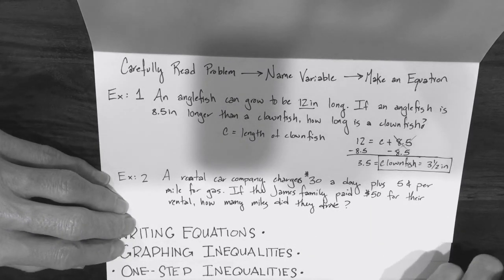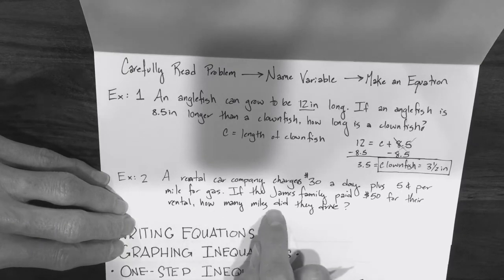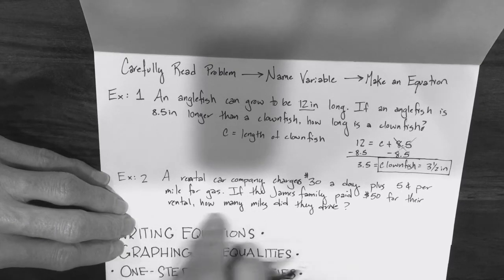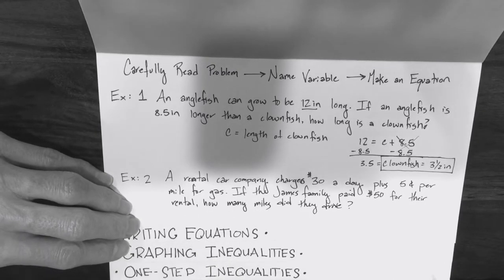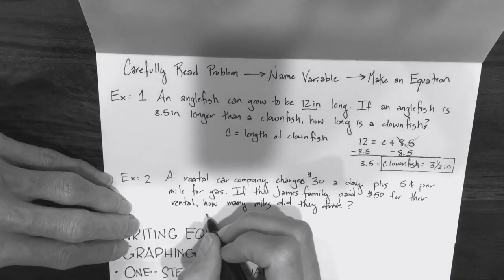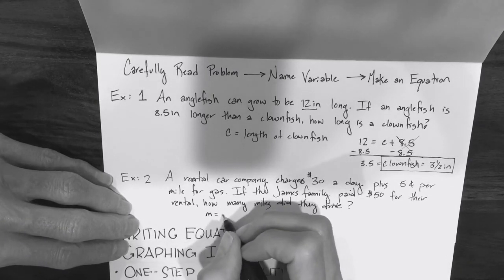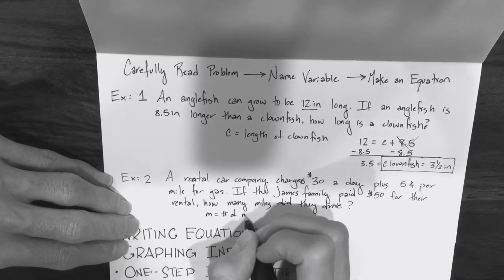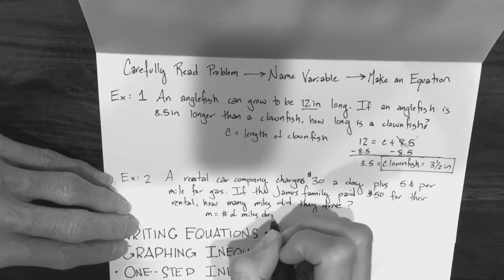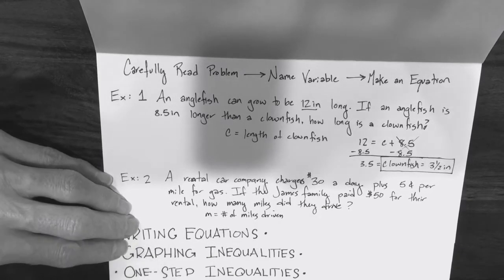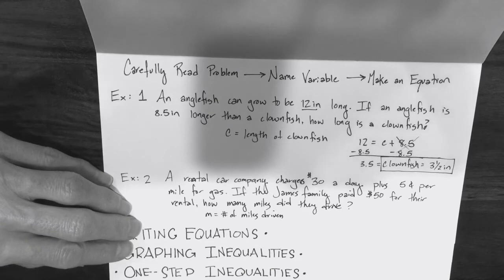So we want to know how many miles. That's what we got to try to figure out. So in naming our variable, I'm going to say m equals number of miles driven by the James family. So we know that this whole thing cost them $50.